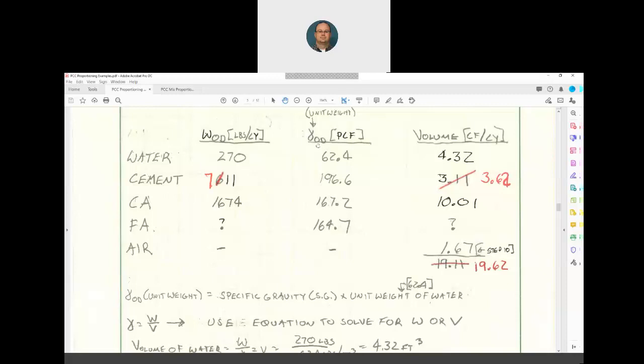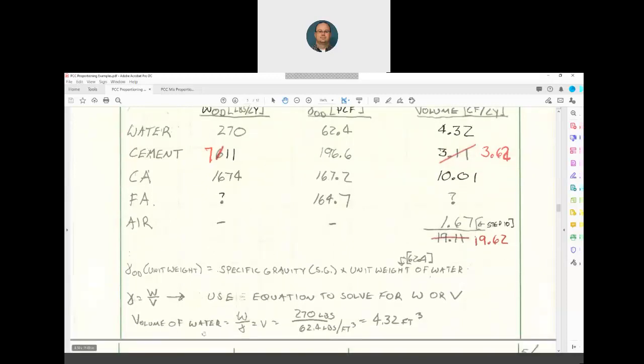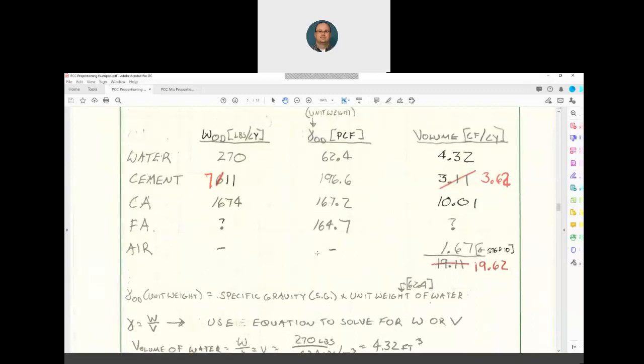Remember that relationship we went over this week: specific gravity times unit weight of water. Now we know how much it weighs per cubic foot.